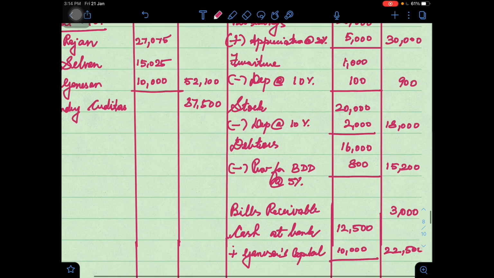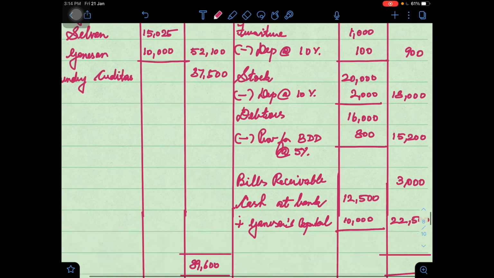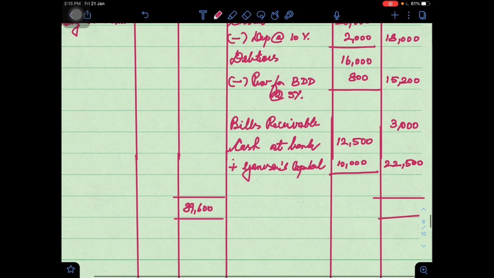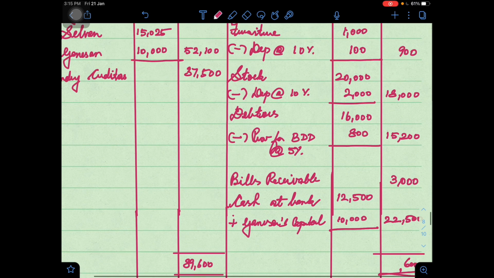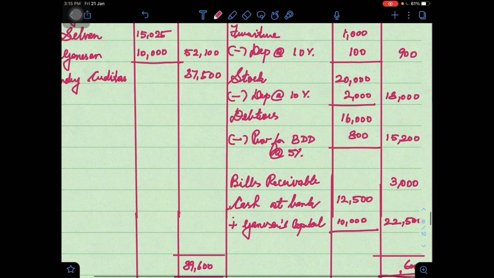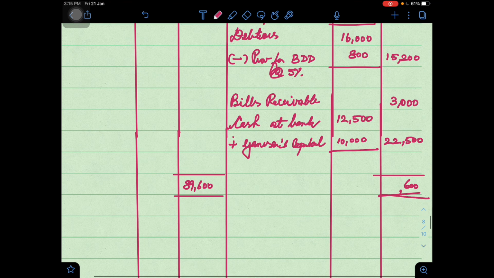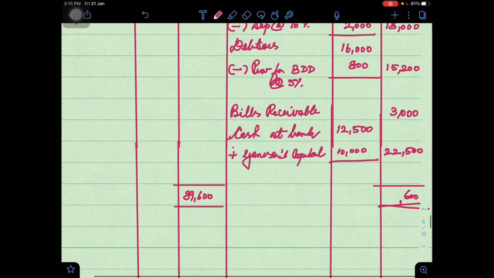Let us have a view of the items now. 5 plus 7, 12, 12 plus 9, 21, and then it goes on. When you add, you get here also 89,600 as your total of balance sheet.